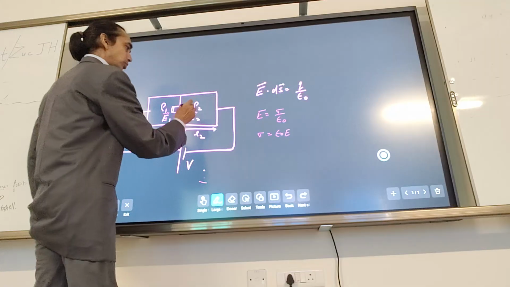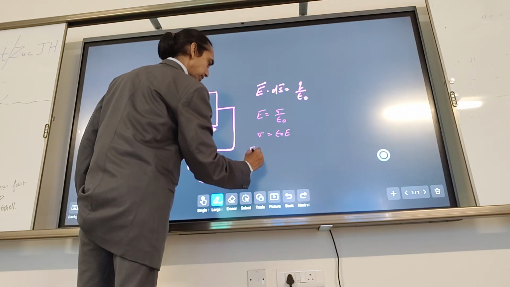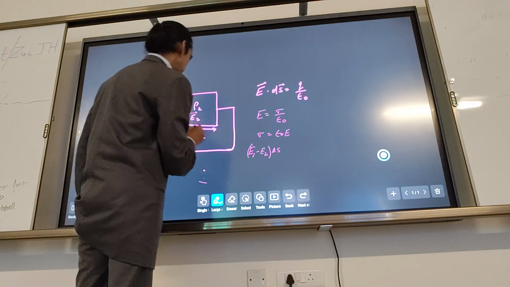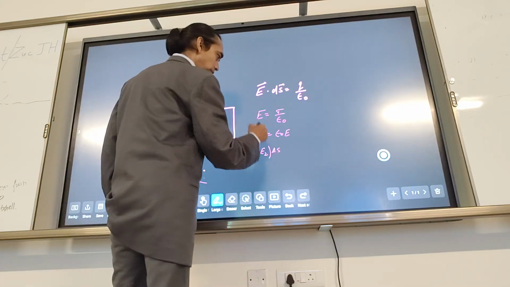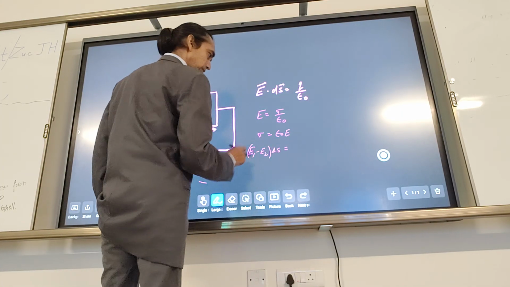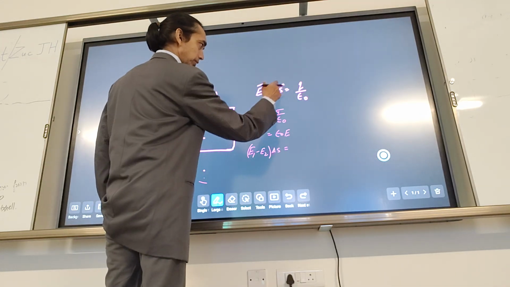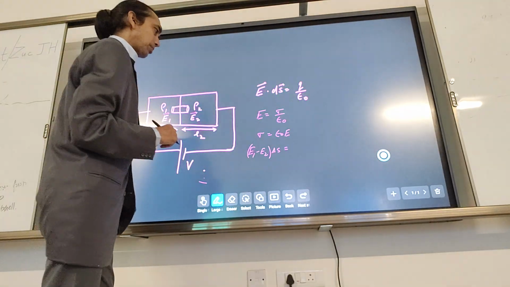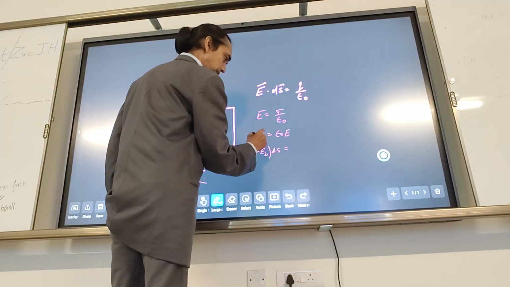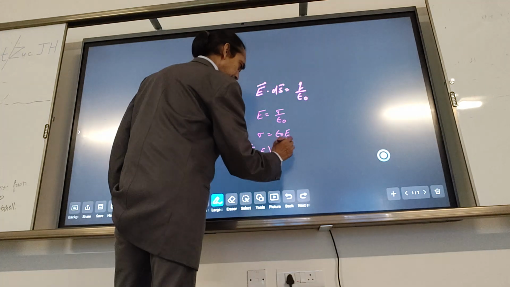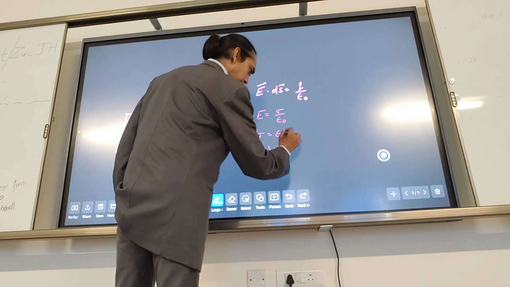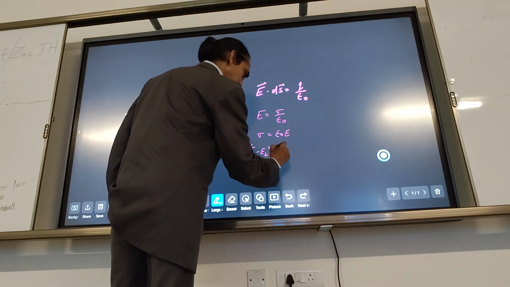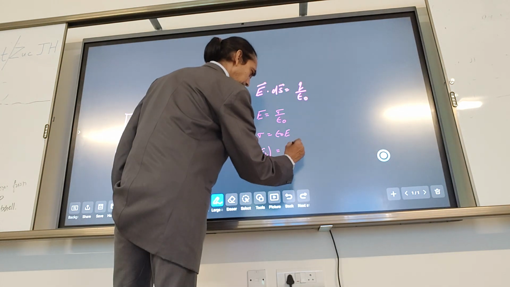So E1 is entering, E2 is coming out, they are in the same direction. We can mark it as E1 minus E2 times delta S, where delta S is the surface area of the pillbox. This should be equal to Q by epsilon naught. Taking Q, we get sigma times delta S. So E1 minus E2 equals sigma by epsilon naught.